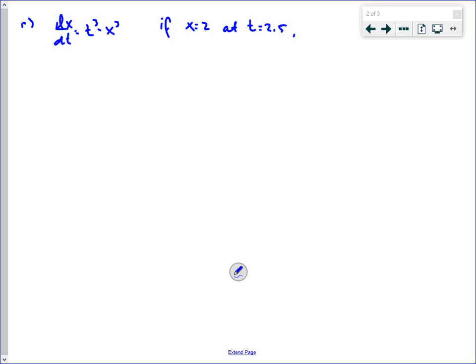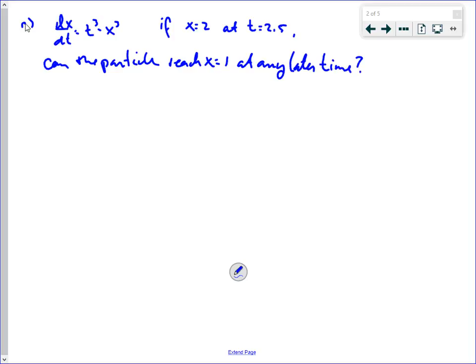So we want to show that the particle that's moving along the number line does not reach the location at any later time.